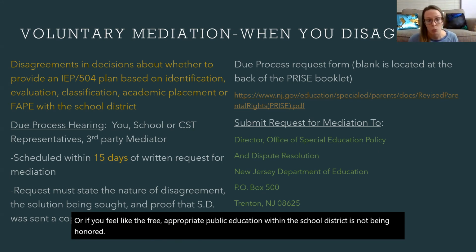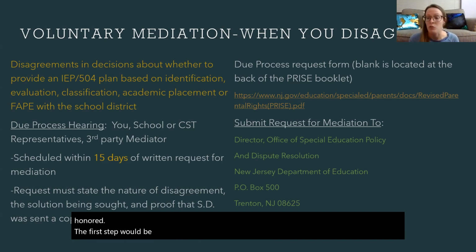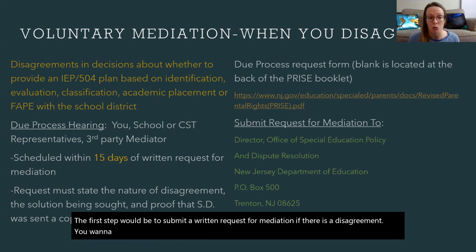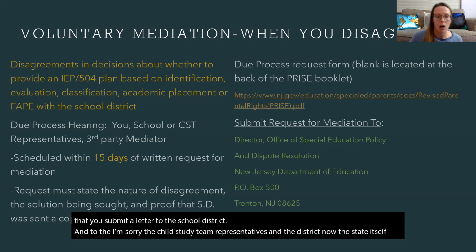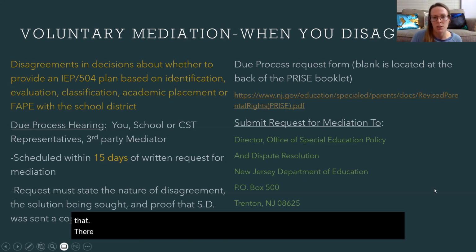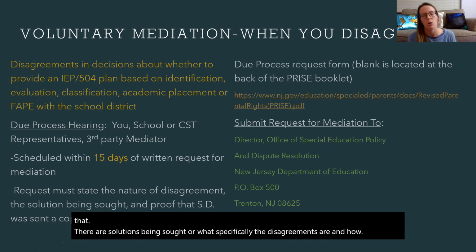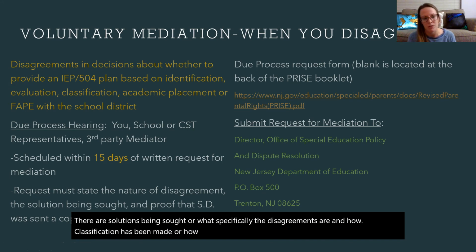The first step would be to submit a written request for mediation. If there's a disagreement, they would like you to go through a due process hearing first. And the idea is that you submit a letter to the school district and to the child study team representatives and the state itself, that there are solutions being sought, or what specifically the disagreements are and how classification has been made or how they want to implement services.